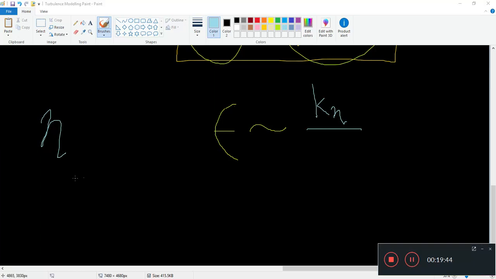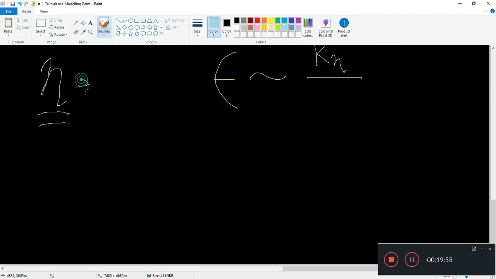This is the typical scale of Kolmogorov, and we use eta to denote it. That's what you find in literature. So when I say the length scale is eta, you can write it L eta, or simply eta. This is the Kolmogorov length scale.